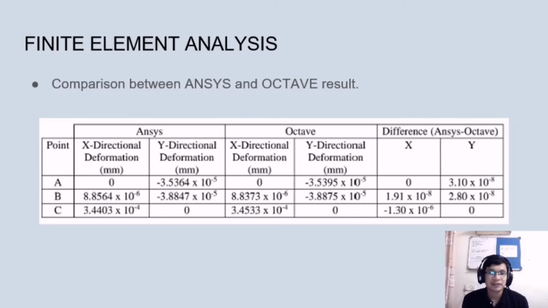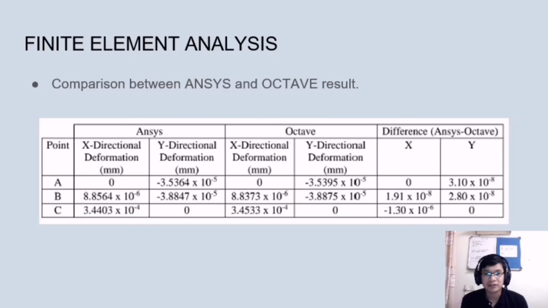And in ANSYS at point A, y directional deformation is negative 3.364 times 10 to the power of negative 5. While at point B, y directional deformation is equal to negative 3.8847 times 10 to the power of negative 5. And at C, there is no change, which is equal to 0.